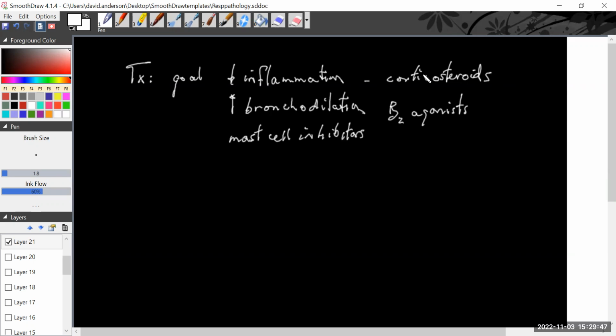So why did I write the corticosteroids up here? What do we know about corticosteroids? They're anti-inflammatories. There we go. There was no trick there. I was just trying to get some engagement going on there.